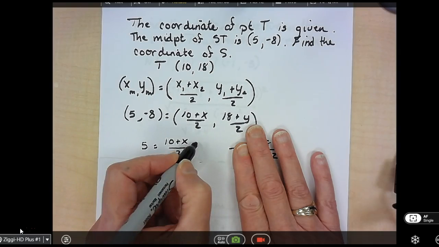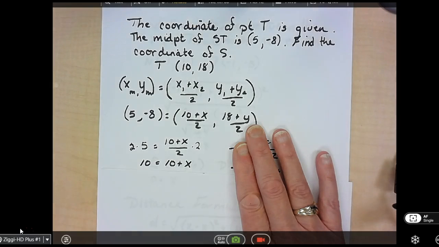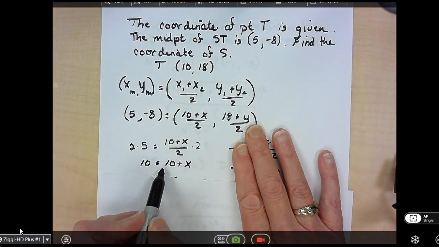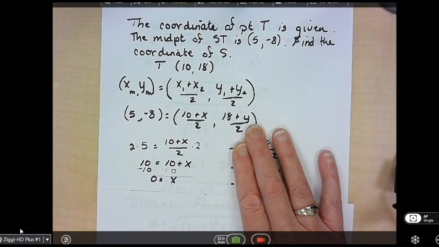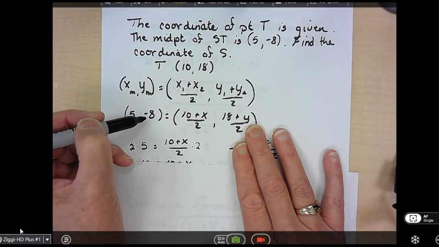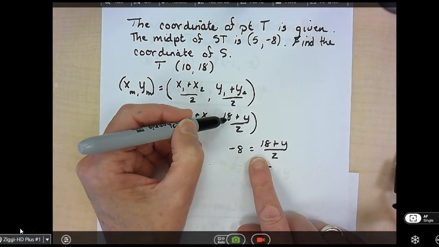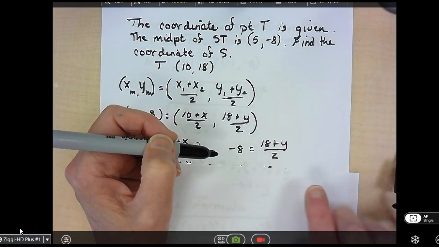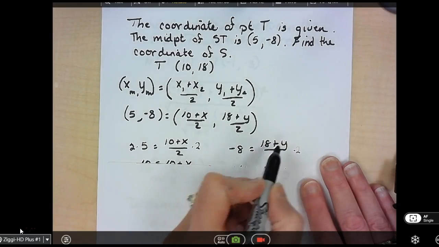Multiply both sides by 2. So 10 plus x equals 10. Subtract our 10. And that gives me x equals 0. Do the same thing with our y value of -8 equals 18 plus y divided by 2. Come back, multiply both sides by 2.